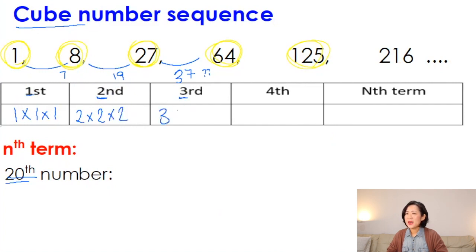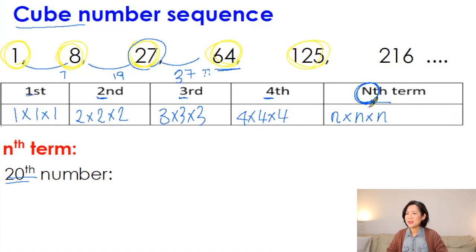And the third number, your n is 3. 3 times 3 times 3 gives you 27. Your n is 4. 4 times 4 times 4. 4 cubed is 64. So our formula for the nth term is n times n times n. So now our formula for the cube number sequence is n cubed.